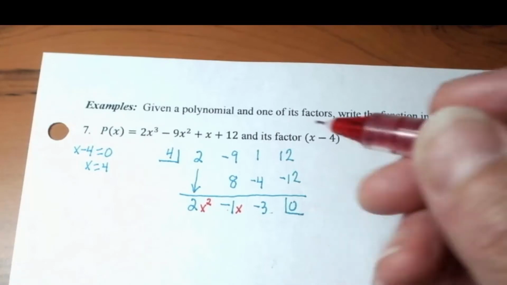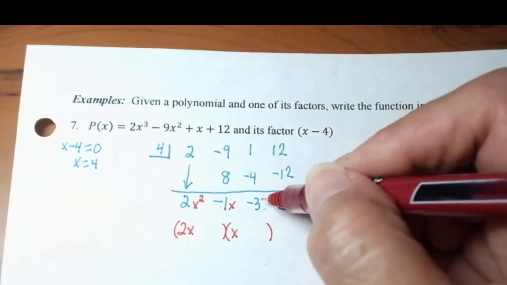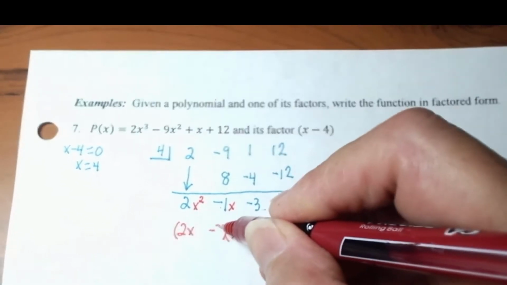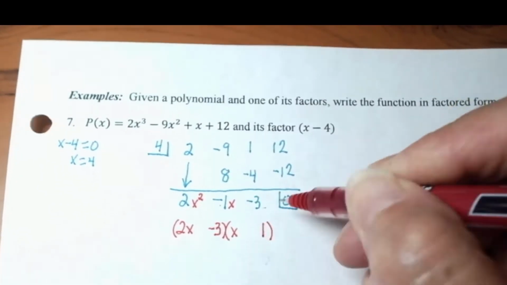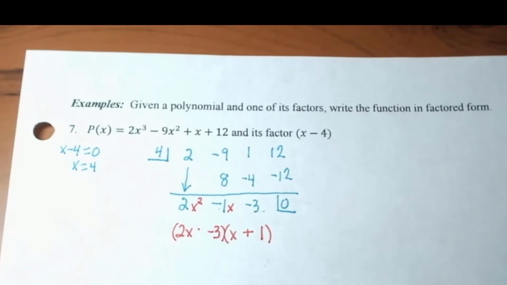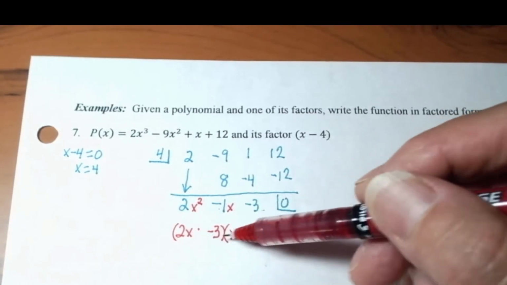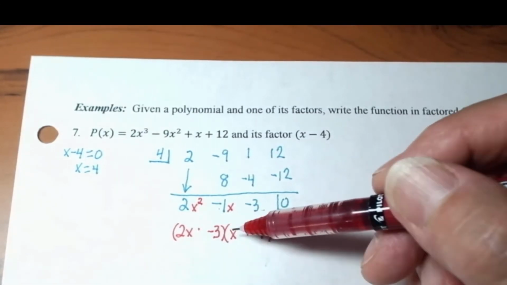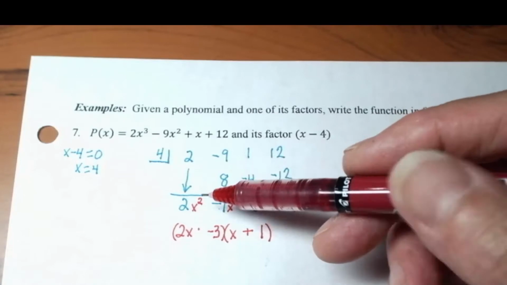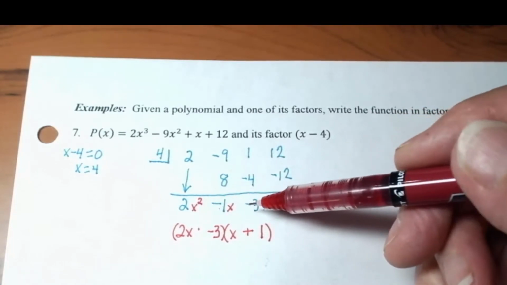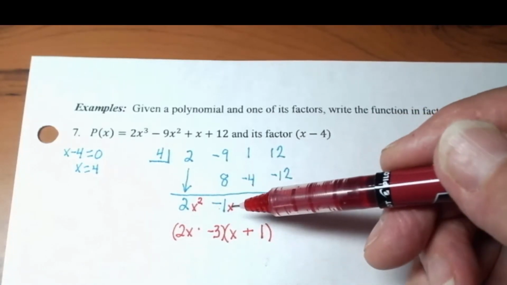For that, we're just going to use our factoring. I'm going to put 2x and x here, and then negative 3 and a positive 1 here. That's my factored form for this quadratic. I did this by trial and error, just looking at it because the numbers were small, but remember that we can use other methods to factor these quadratics, for example the bottoms up method.